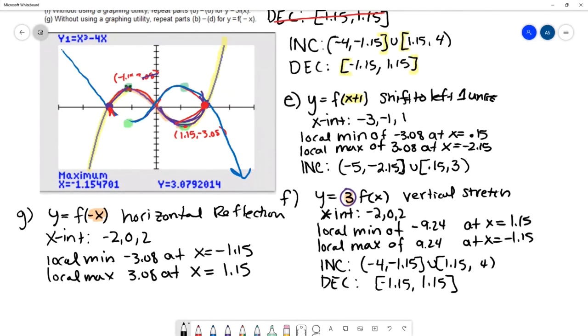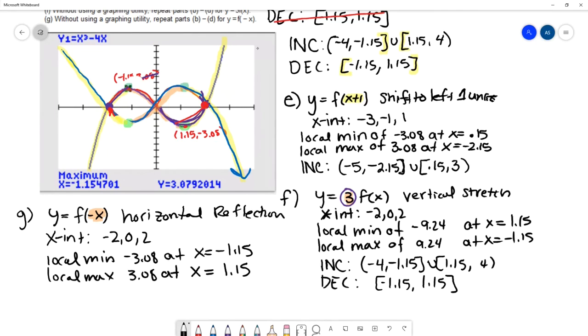And then I also see that our increasing and decreasing has changed. We're now going to be decreasing along this section here, and also decreasing along this section here, and increasing in the middle.